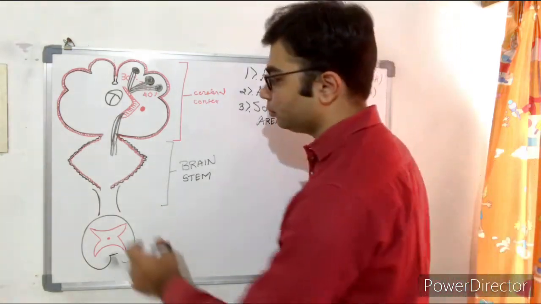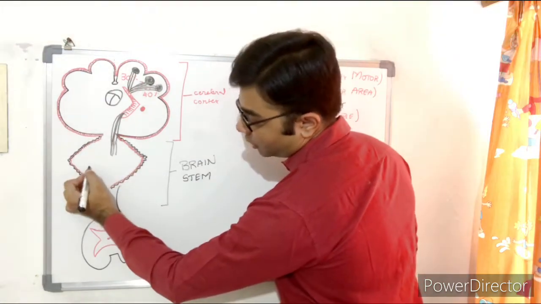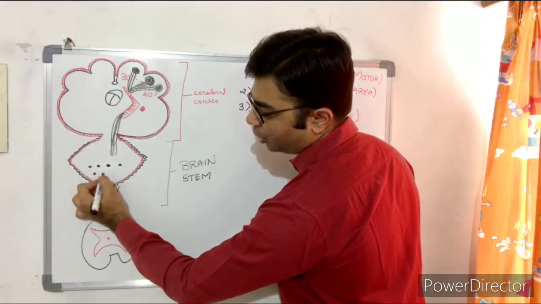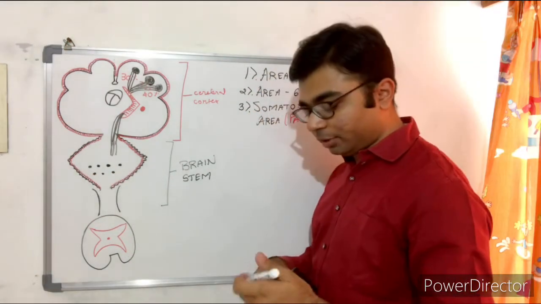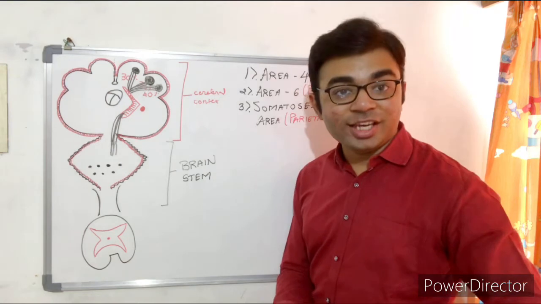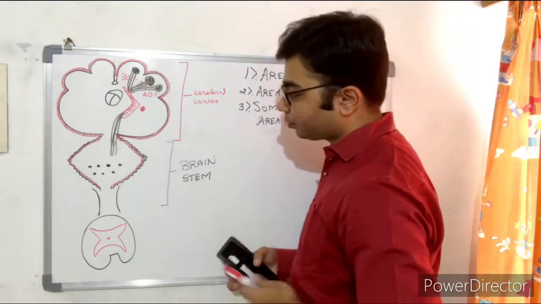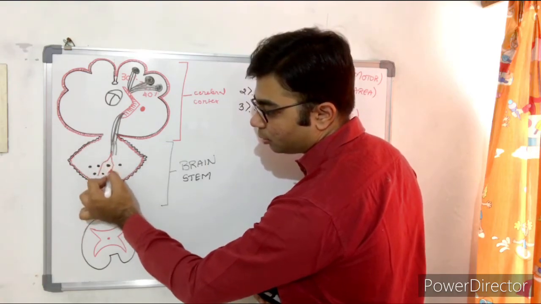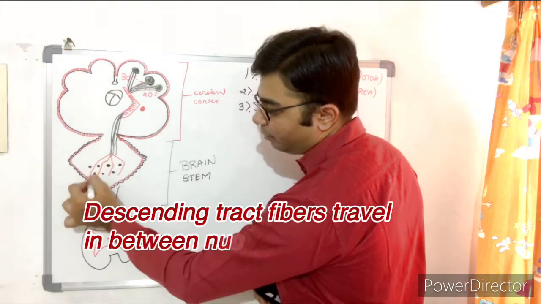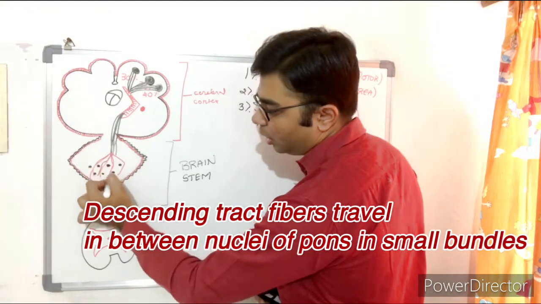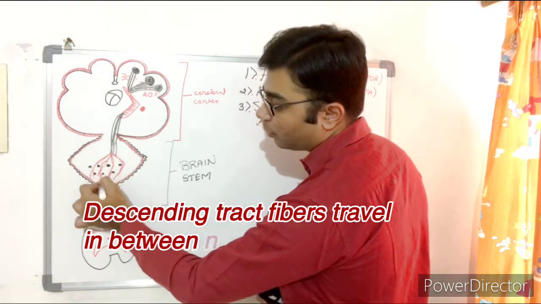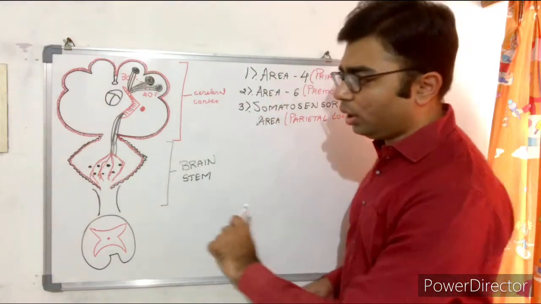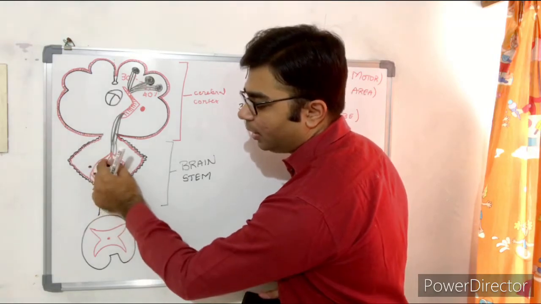So the pons shows multiple nuclei, which are responsible for vital functions of our body, and when fibers are coming, they are divided into different bundles at the level of the pons because of the nuclei which are present. So at the upper border of the pons, they are getting divided.